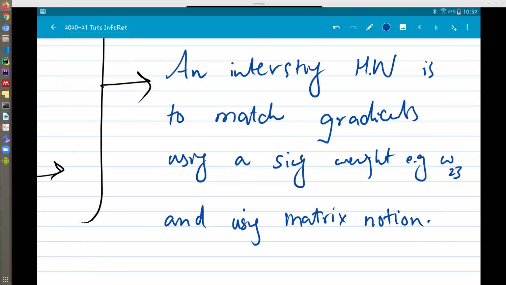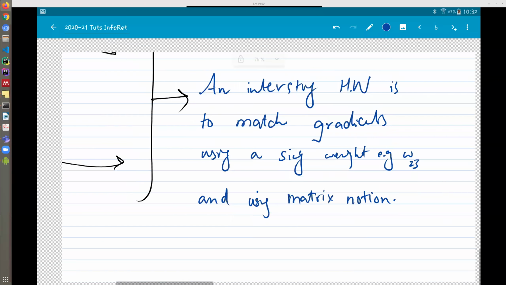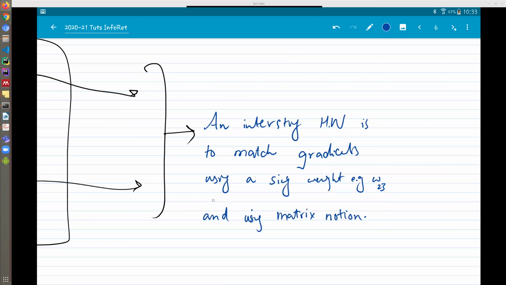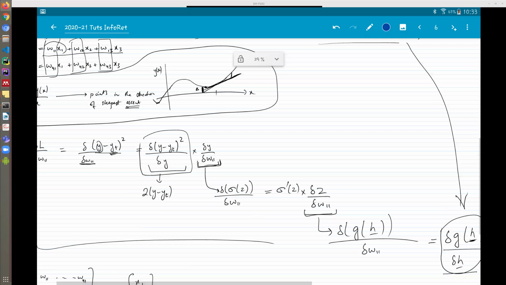Of course, these two should come out to be the same. So first we find the gradients using matrix notation, and then we target the element of the result. Like let's say we have a three dimensional vector in the end of the gradient, and we target the third element, and it should be the same as the gradient that we found from this whole method manually.